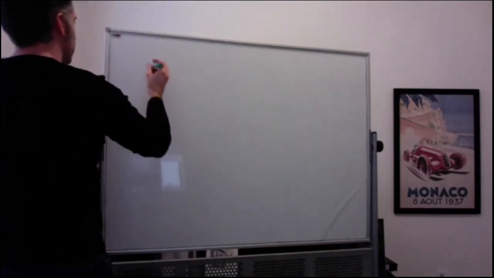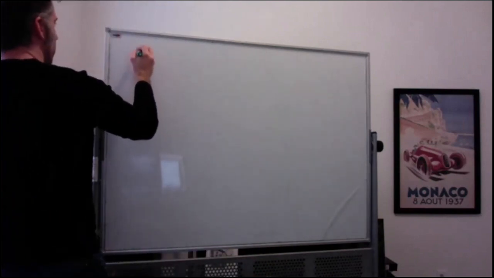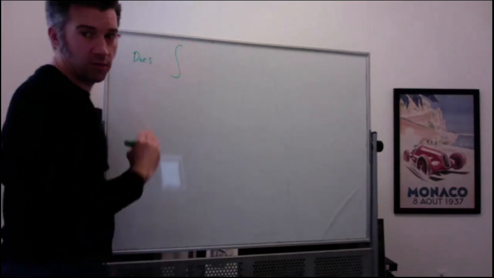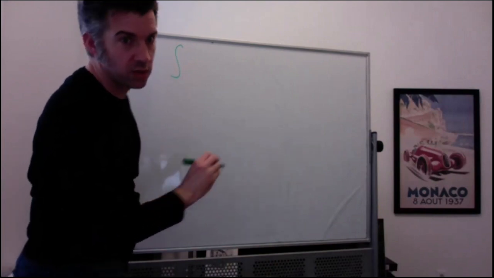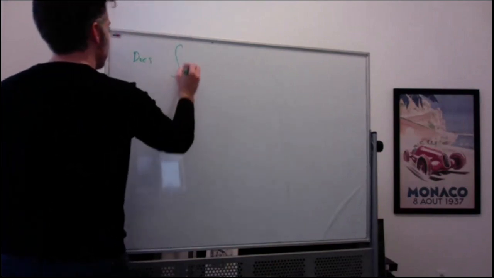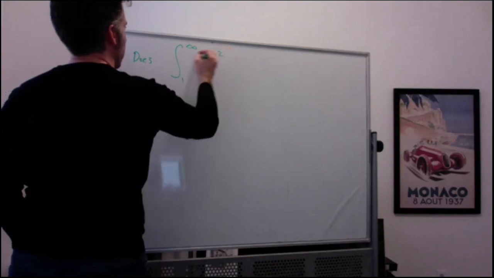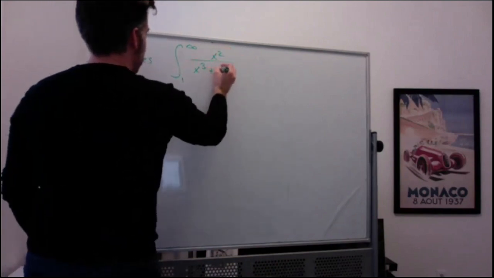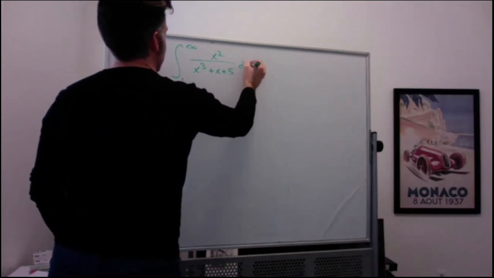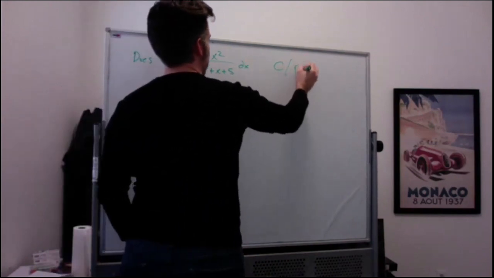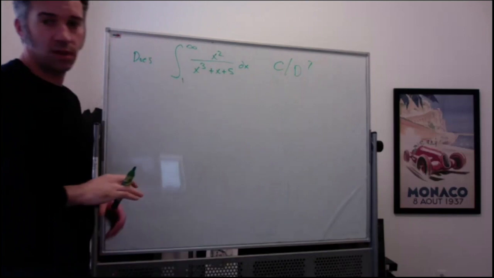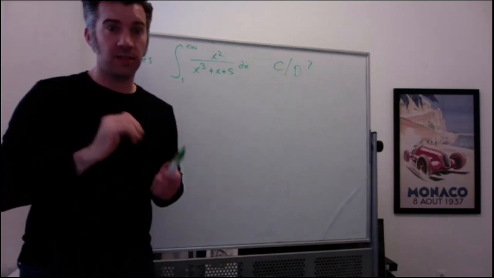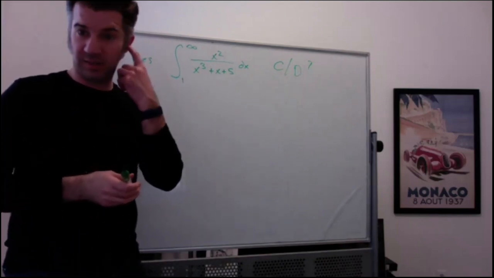How about this? Does this integral from 1 to infinity of x squared over x cubed plus x plus 5 converge or diverge? When you've got rational functions like this, the idea is really just to compare the highest powers.